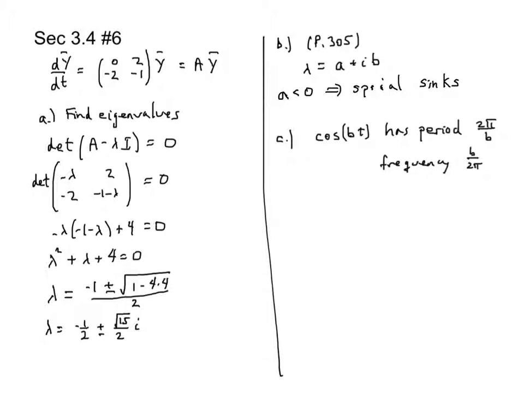So in this case, our period is 2 pi over the square root of 15 over 2, or 4 pi over the square root of 15. And our frequency is just the inverse of the period, so I won't write it, but it would be square root of 15 over 4 pi.